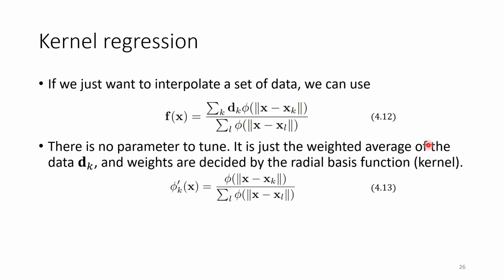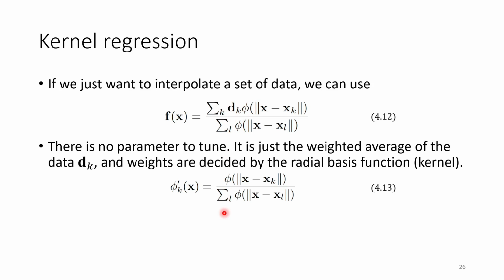Okay, so there is a method called kernel regression. Kernel regression is like this. Since we have some kernels or radial basis functions, we can use them as the weights to weight-average the input data.